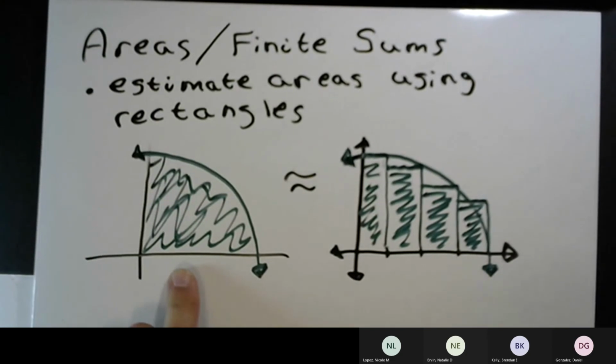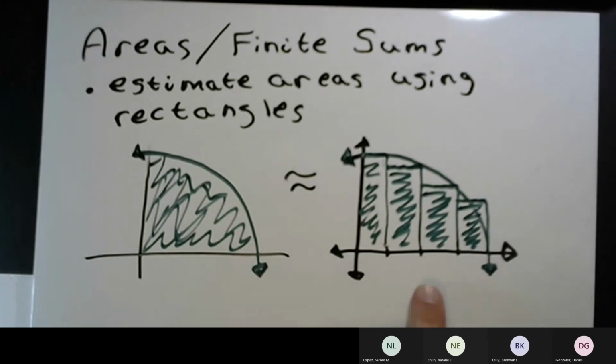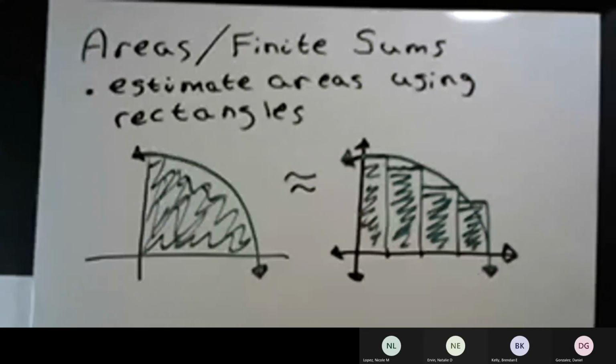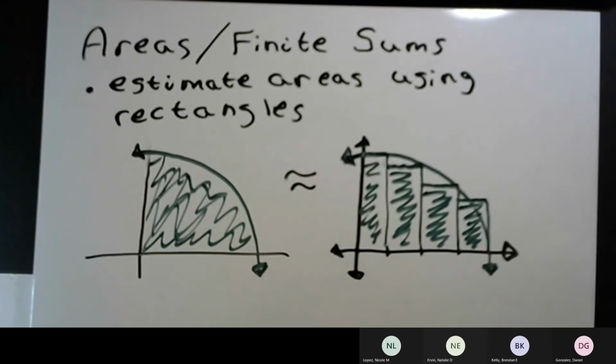We're basically saying this area is approximately that area. And we're going to look at first 3 different sums, 3 different ways of doing this. So any questions about that?